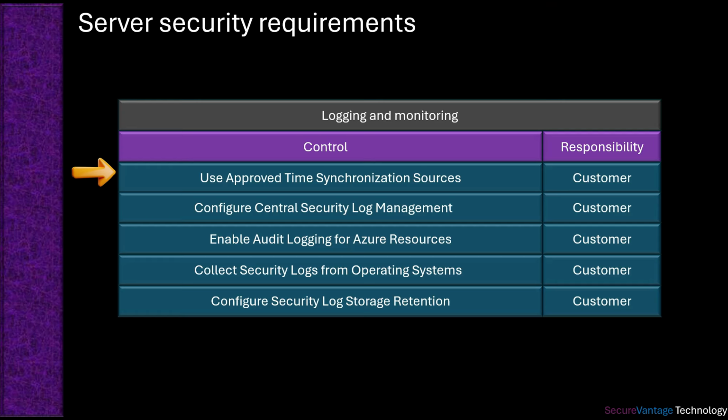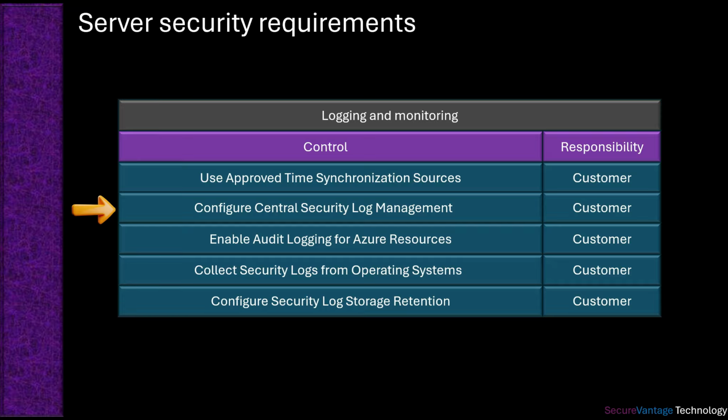Proper time synchronization is crucial for accurate logging and monitoring, as it ensures that all events are recorded with the correct timestamp. Microsoft takes care of time synchronization for Azure resources, but you can manage it for your Windows VM and Linux VM.